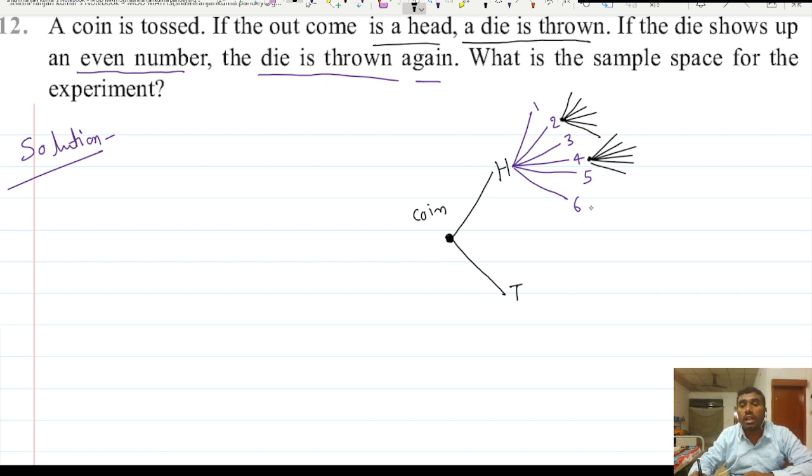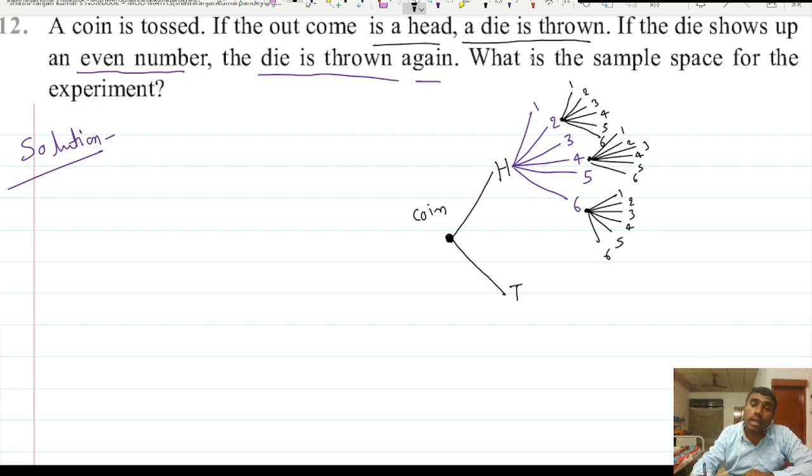Or let us suppose you get 6, again an even number, so again you have to throw the die: 1, 2, 3, 4, 5, or 6. These are the possible cases.